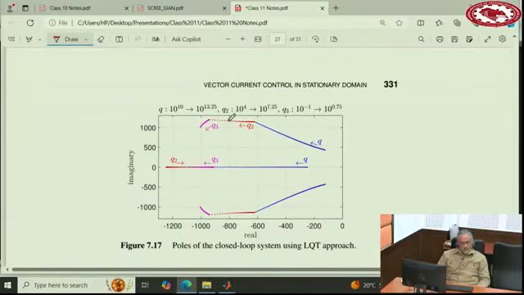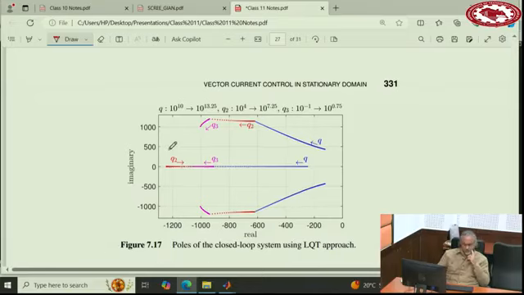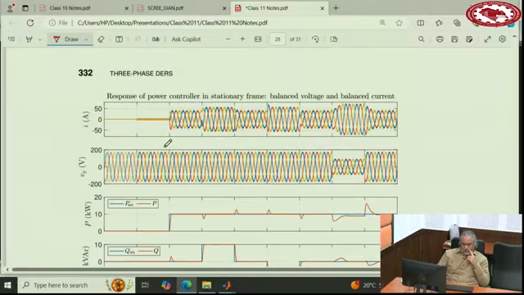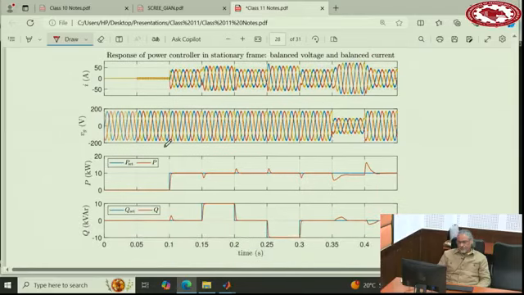The same diagram that we had in single phase, because it's the same system. In alpha beta, the good thing is that these channels are separated. So the same design that we had in single phase, you can use it here. So look at some simulations here.